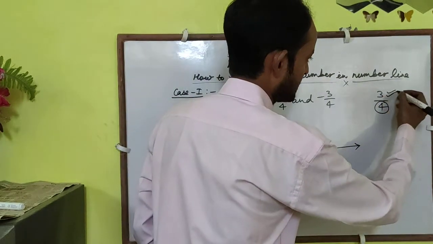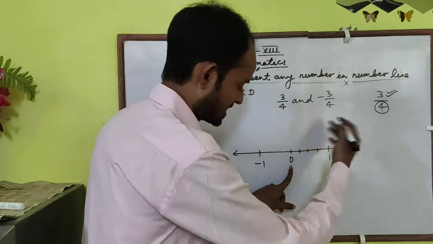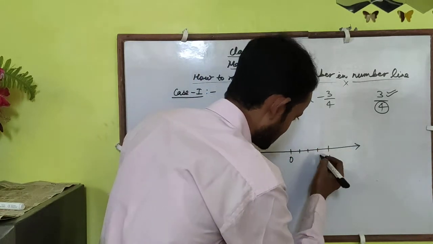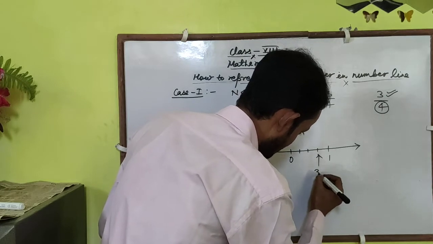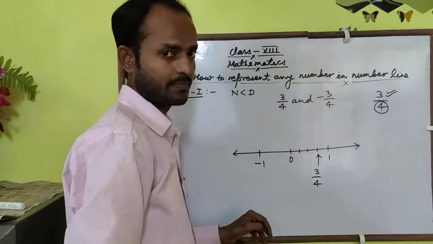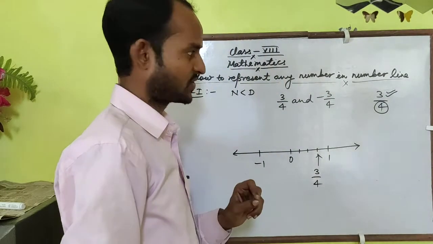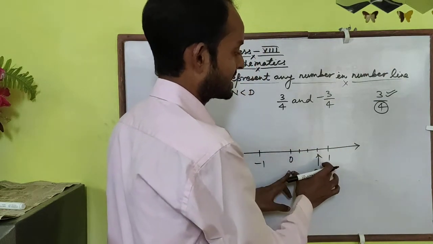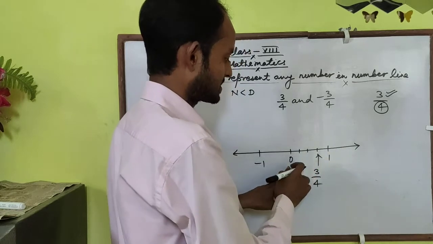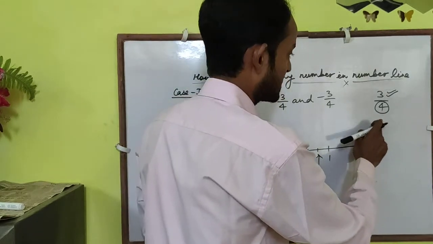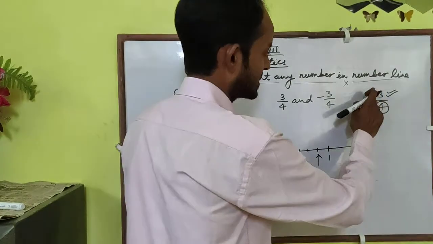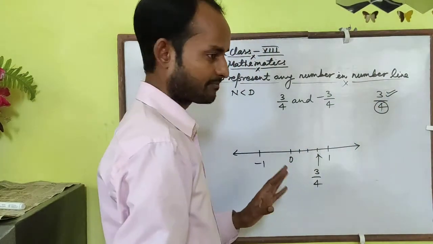Here we have taken 3 parts starting from 0: 1, 2, 3. This is the third. It means 3 by 4 is here. Did you get it, students? The denominator always says into how many equal parts to divide, and the numerator says how many parts are taken.